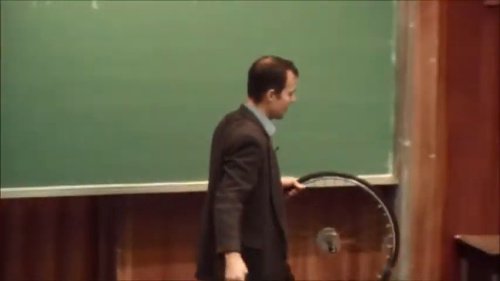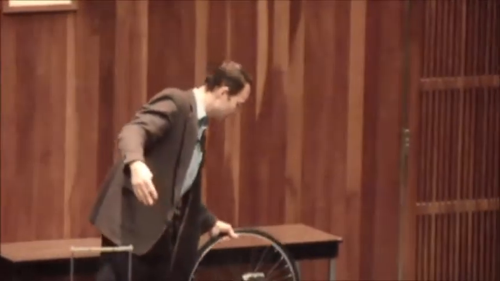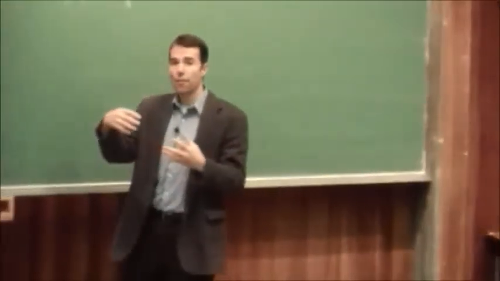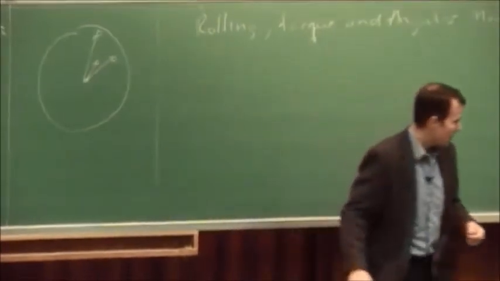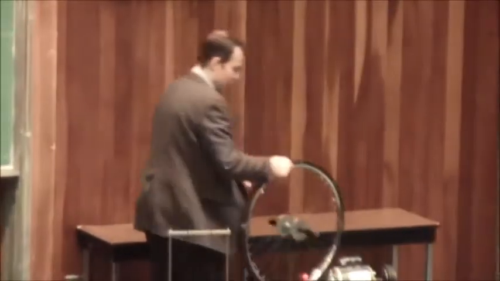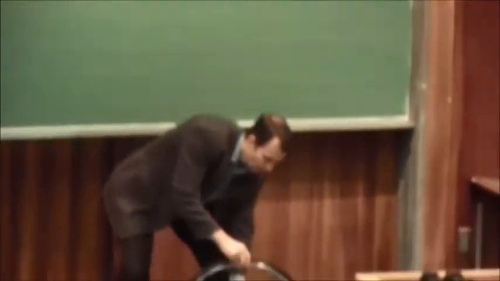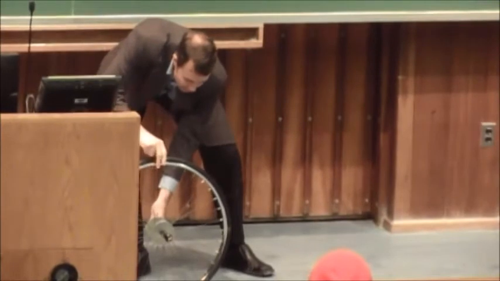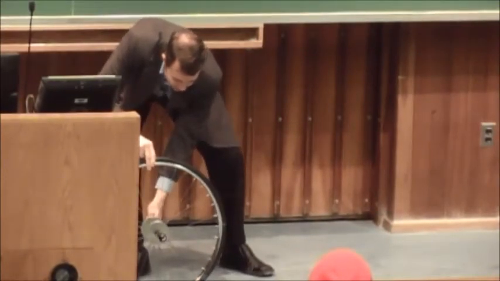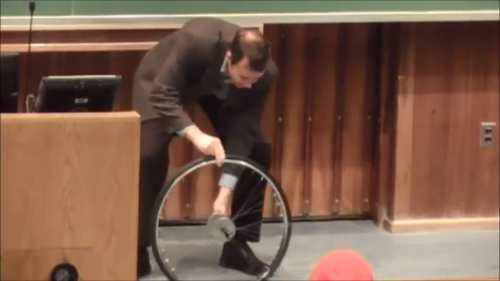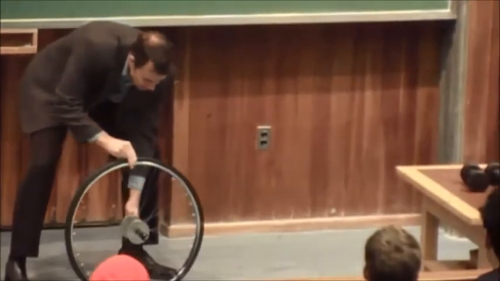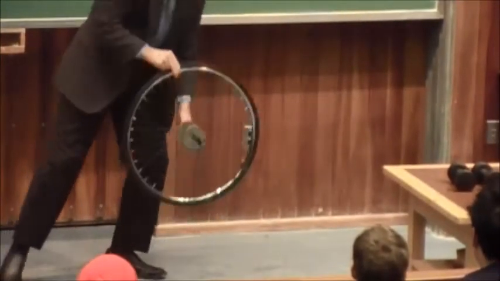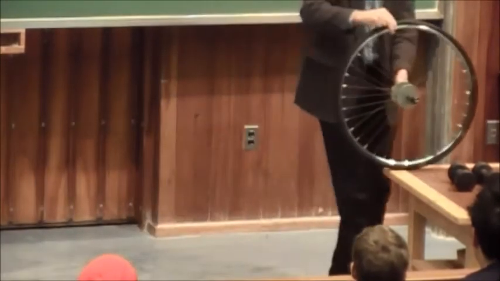So now what we're going to consider is smooth rolling motion. As I move this along, it's rolling along the ground. But we're not going to consider the situation in which this is translating, but the wheel is not rotating. So this situation, we're not going to consider.